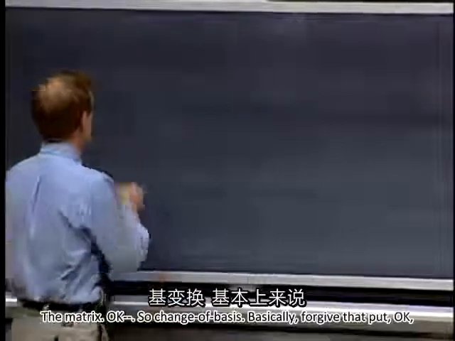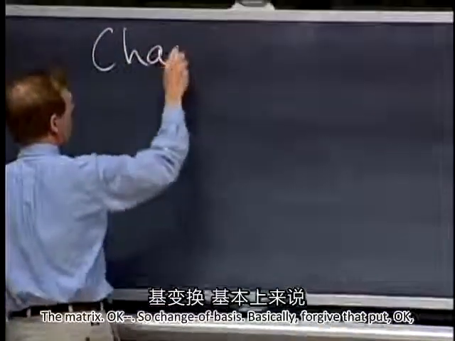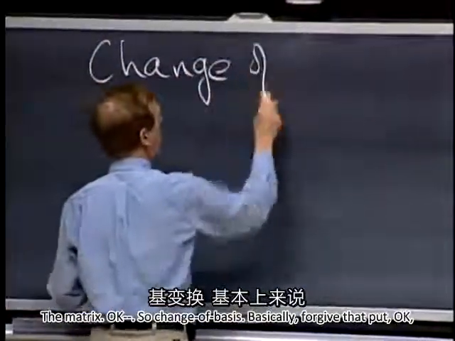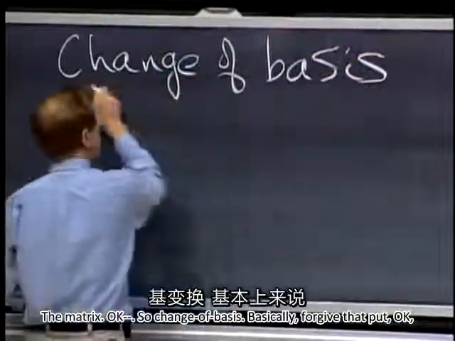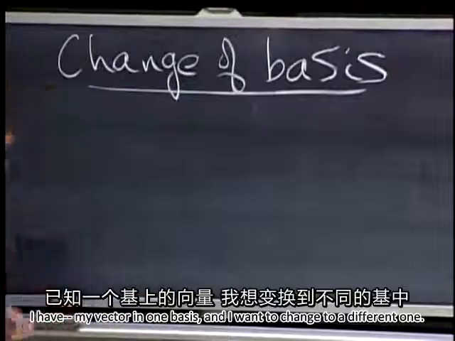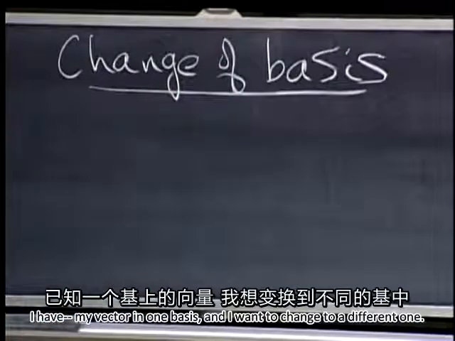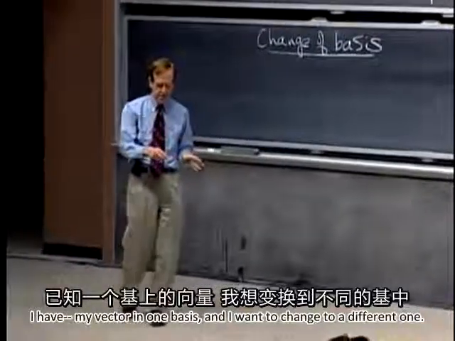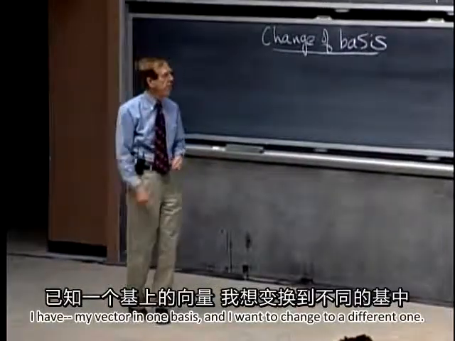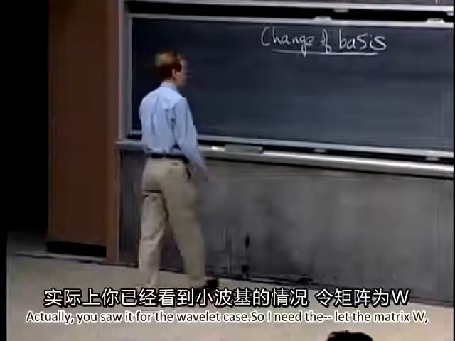Okay, so change of basis. Basically, forgive that pun. I have my vector in one basis, and I want to change to a different one. Actually, you saw it for the wavelet case.